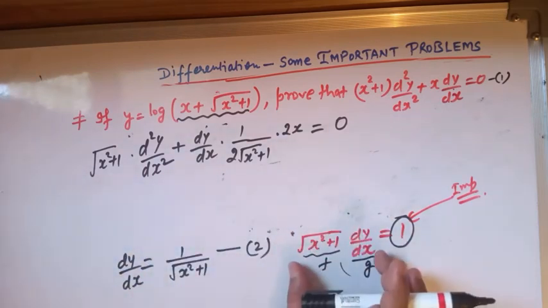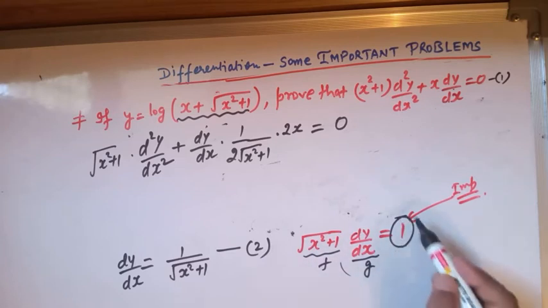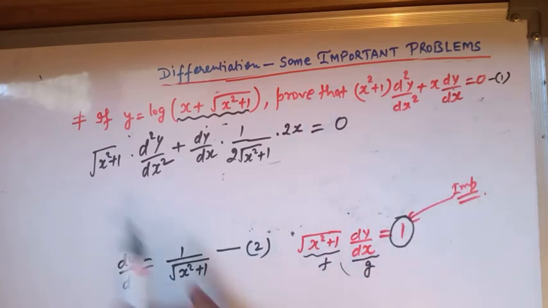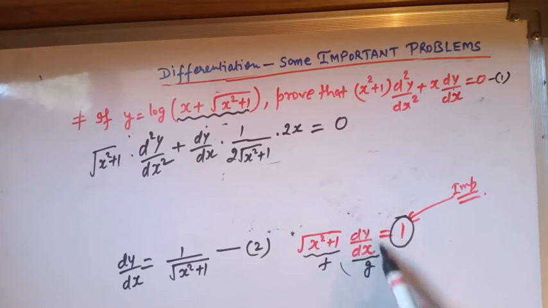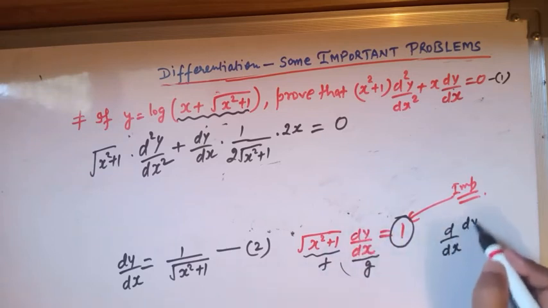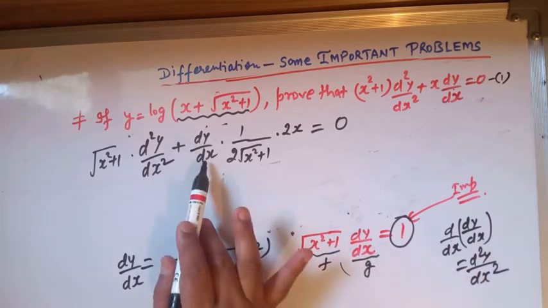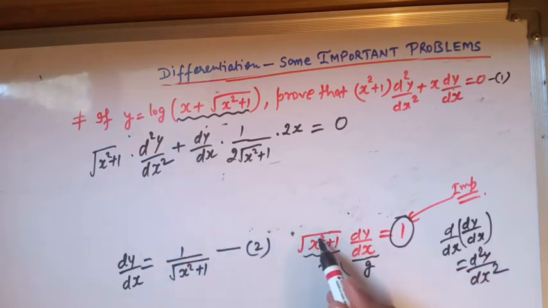We have two functions here. We differentiate both sides with respect to x. The derivative of 1 is 0. So first function, derivative of this. So derivative of this is d by dx of dy over dx, which can be written as d2y over dx2. And then second function, derivative of this function.